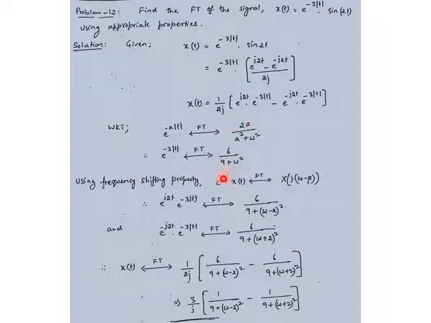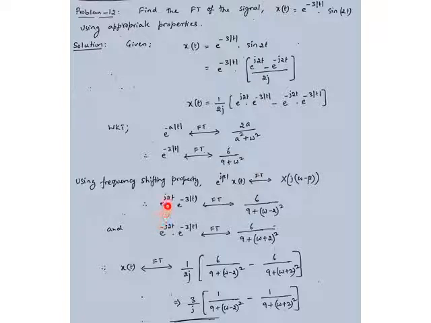So e to the power j beta t into x of t, I just need to consider this: x of omega needs to be x of j omega, so x of j omega needs to be changed as j omega minus j beta. Beta is here, so I am taking this term and implementing it with the help of the frequency shifting property.